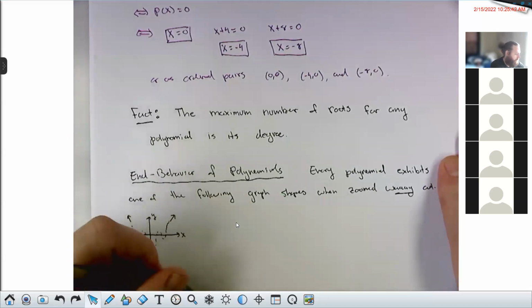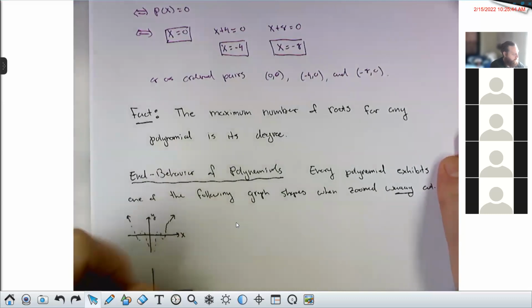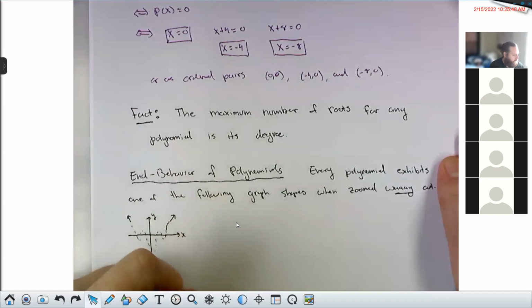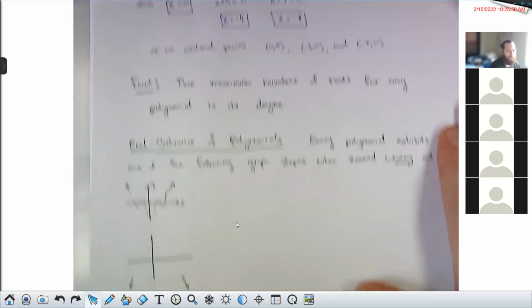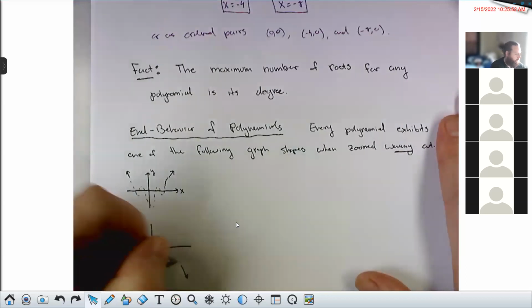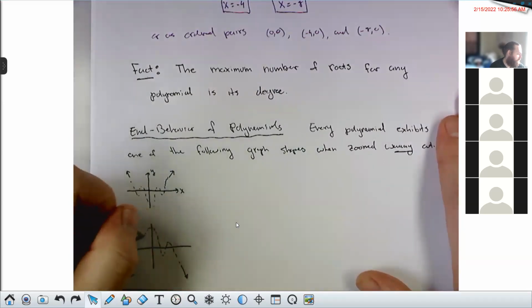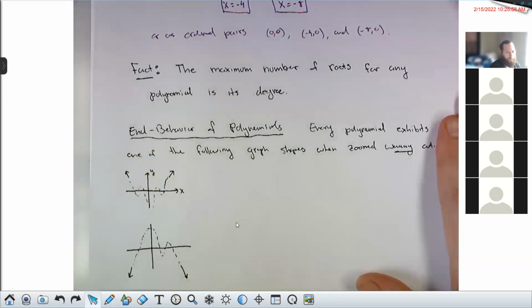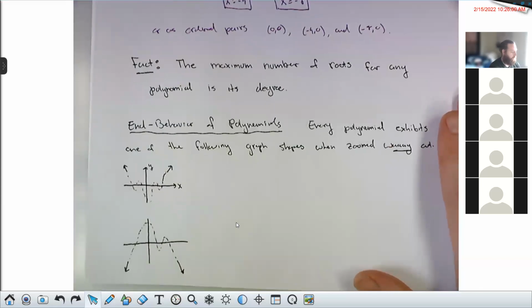It is possible to have a polynomial which, when you zoom way out, points down on both sides. And again, this thing could do some really bizarro stuff in here. I don't care about what's going on except for the arrows at the end.